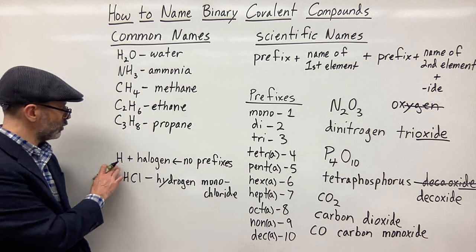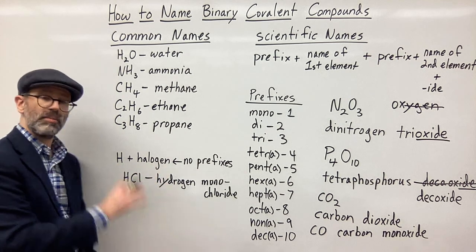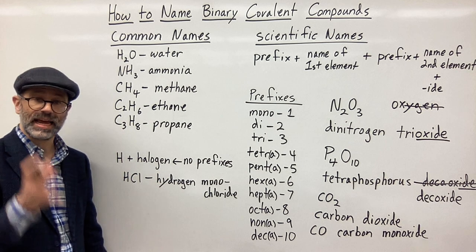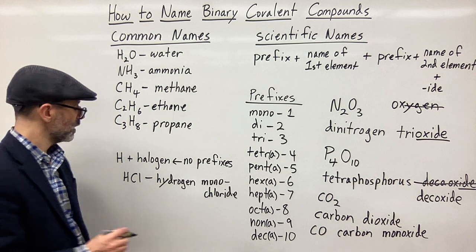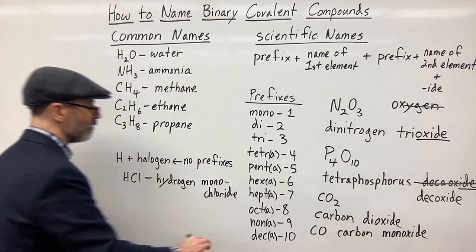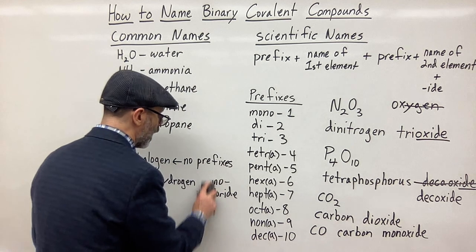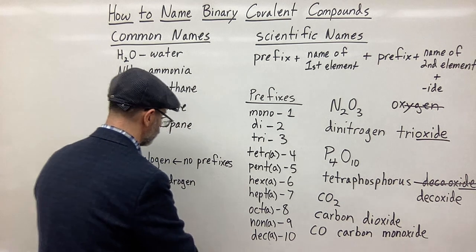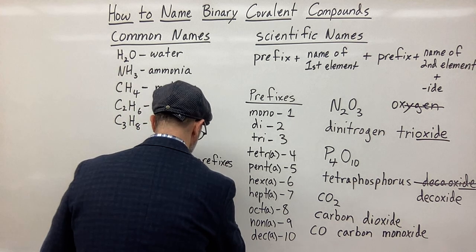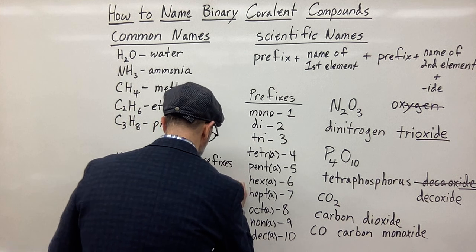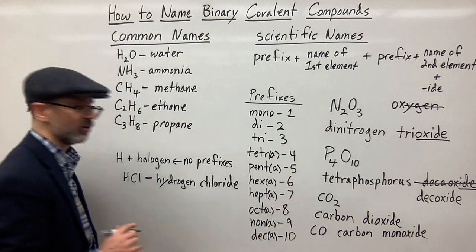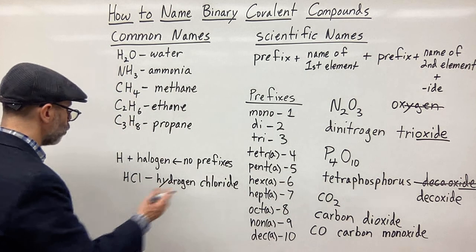But a lot of times we don't even write mono for this one. So if you have a hydrogen plus a halogen, remember the halogens are the group 7A elements, we could just forego having the prefix, and we can just call this hydrogen chloride and not have any prefixes. So hydrogen chloride.